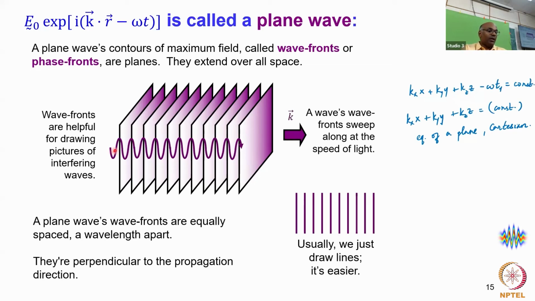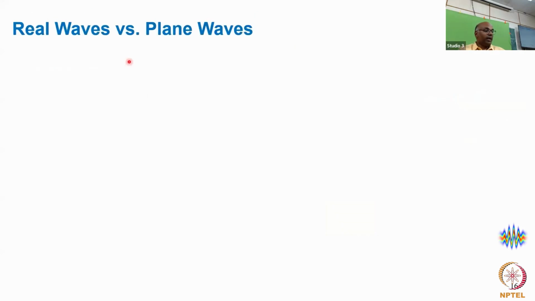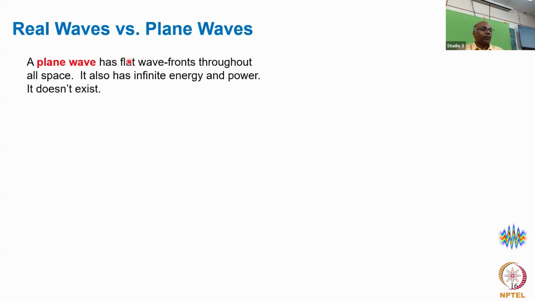And the other significant point is that these are infinite planes in the way we have formulated this. This solution is true for all values of k, r and t. So this also means that these planar wave solutions, E naught exponent i(k dot r minus omega t), are infinite wavefronts. If I consider just any one contour where the electric field was a maximal value, then on this infinite front you have an electric field through an infinite number of space points having a finite value.